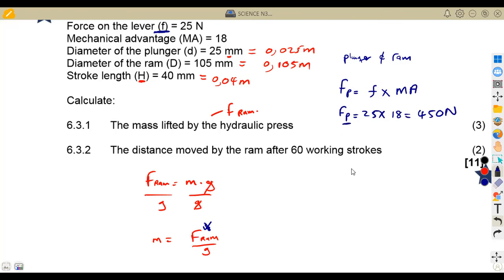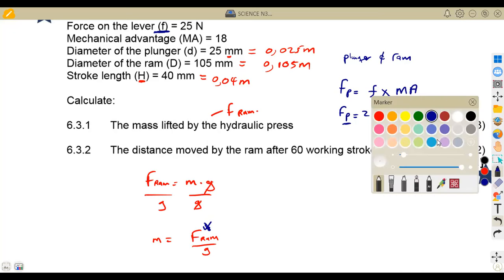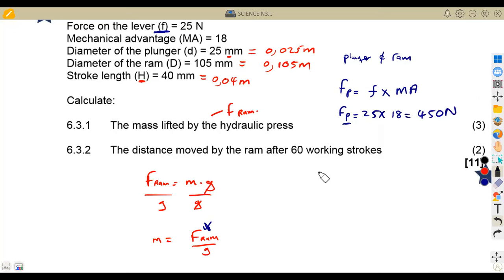We have a great relationship from our formula sheet. It gives the relationship between the force on the ram and the force on the plunger, which says that the force on the ram divided by the diameter on the ram squared is equivalent to the force on the plunger divided by the diameter on the plunger squared. This formula you are given. So to find the force on the ram, the one that is missing, all you need is to multiply by D squared both sides so that you make this the subject.